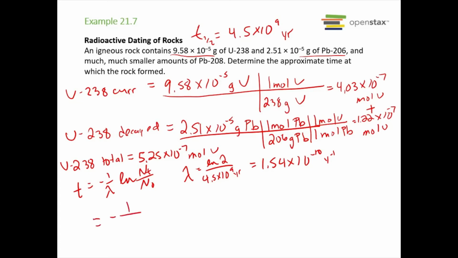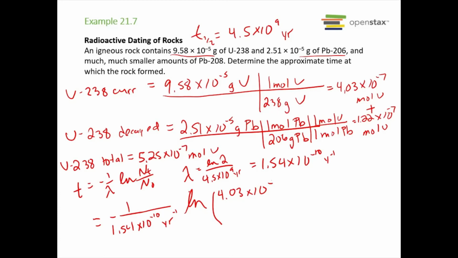So we can plug all this now into our t. So that equals -1 over 1.54 times 10 to the negative 10th inverse years times the natural log of 4.03 times 10 to the negative 7th moles of uranium.